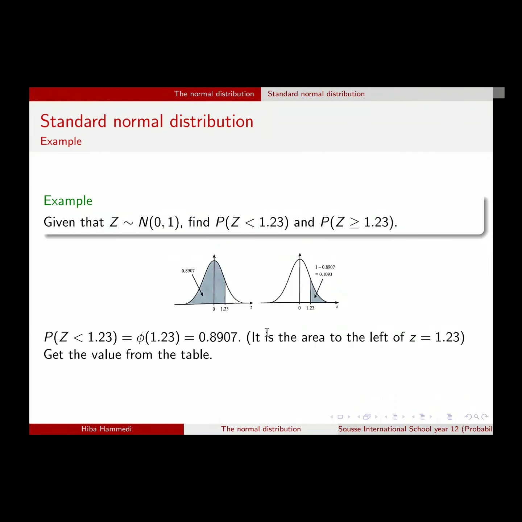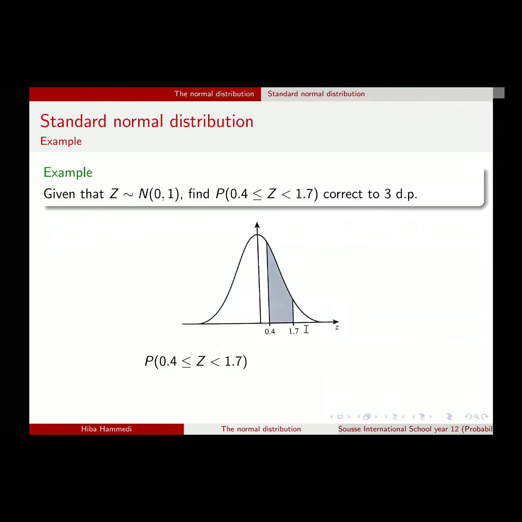So to get the probability of Z more than 1.23, I need to subtract the probability of Z less than 1.23 from 1. And the result will be 0.1093.